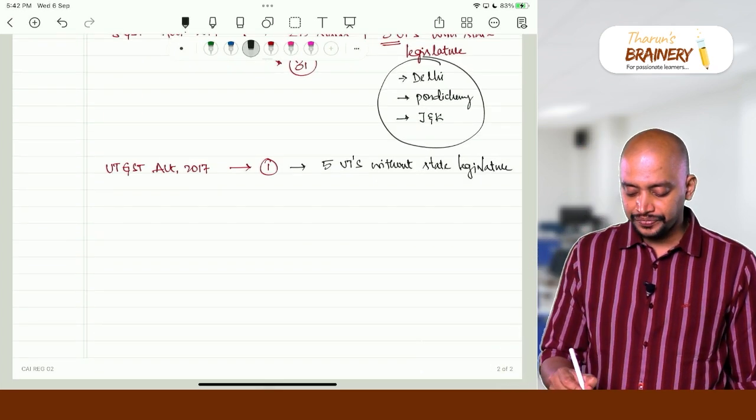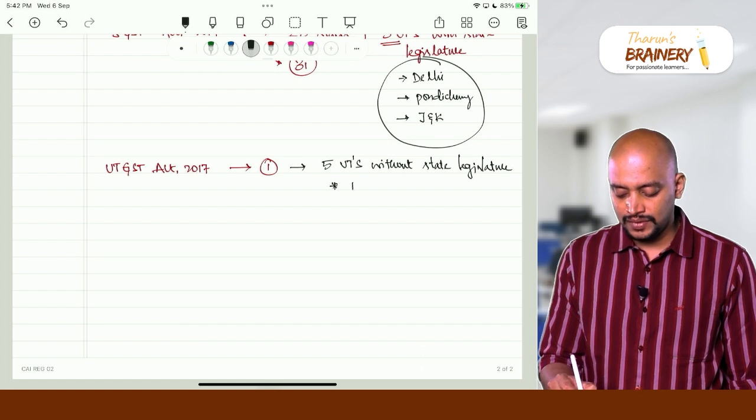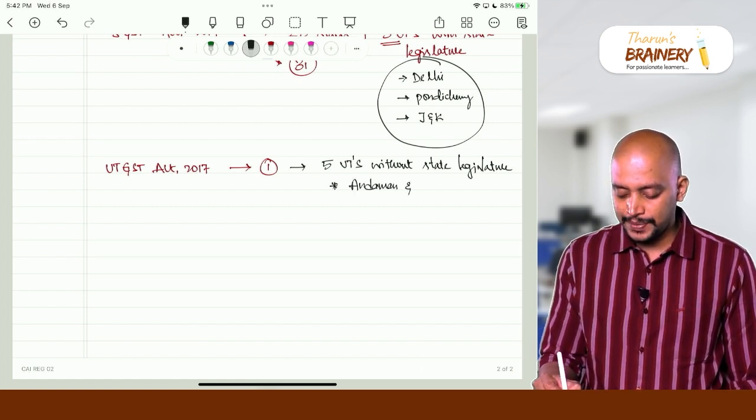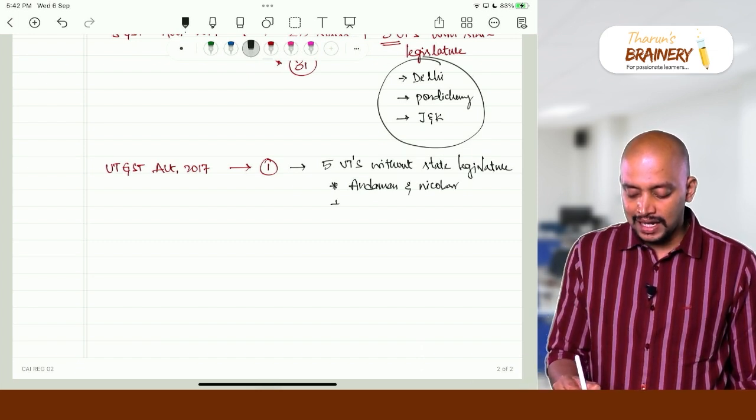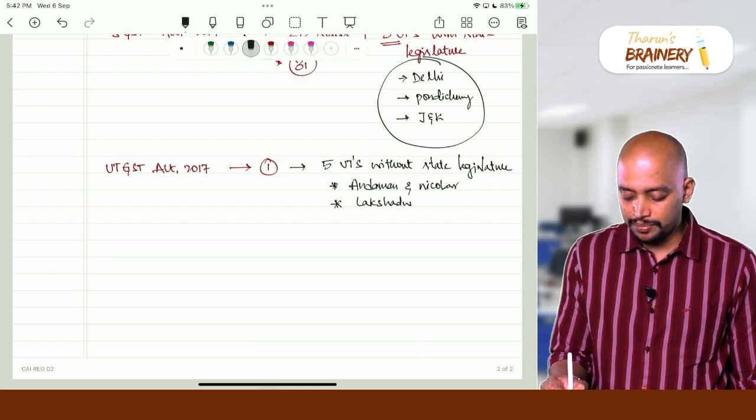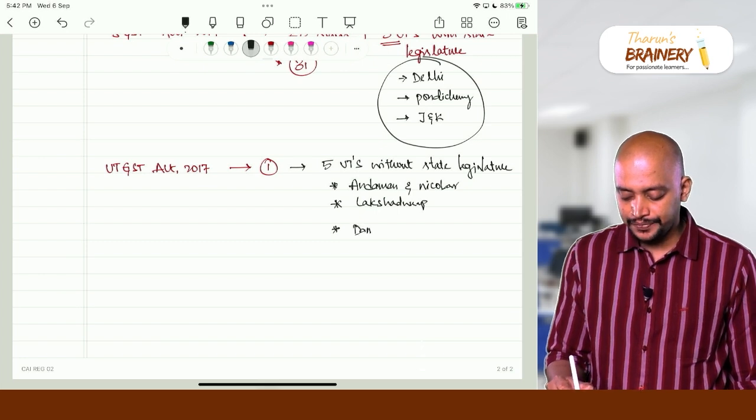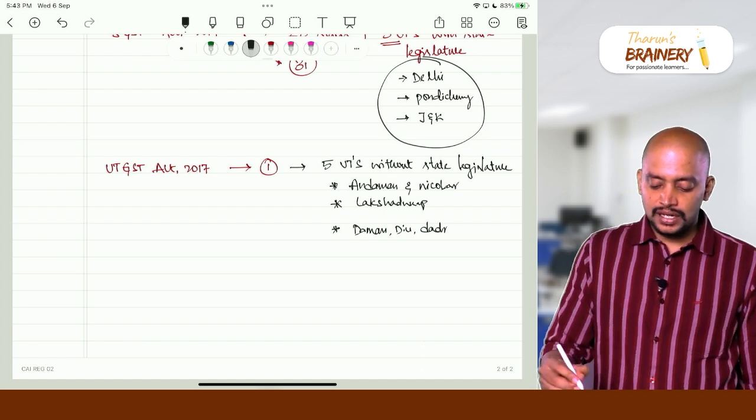We have Andaman and Nicobar Islands, then Lakshadweep, then Daman, Diu, Dadra. Previously it was separate.